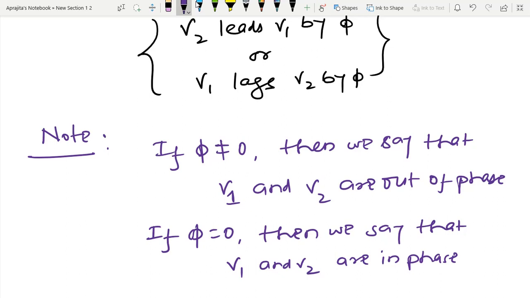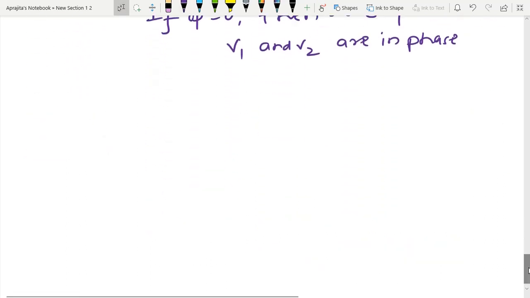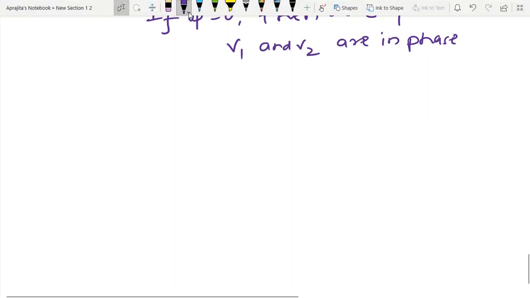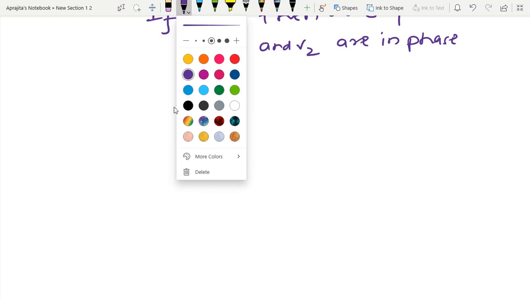In order to understand the comparison, I am going to discuss one numerical problem related to leading or lagging of sinusoids.